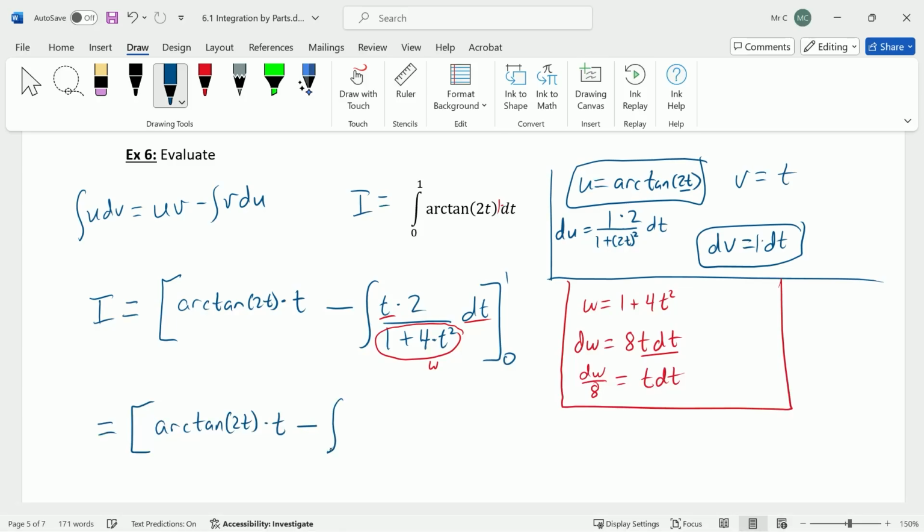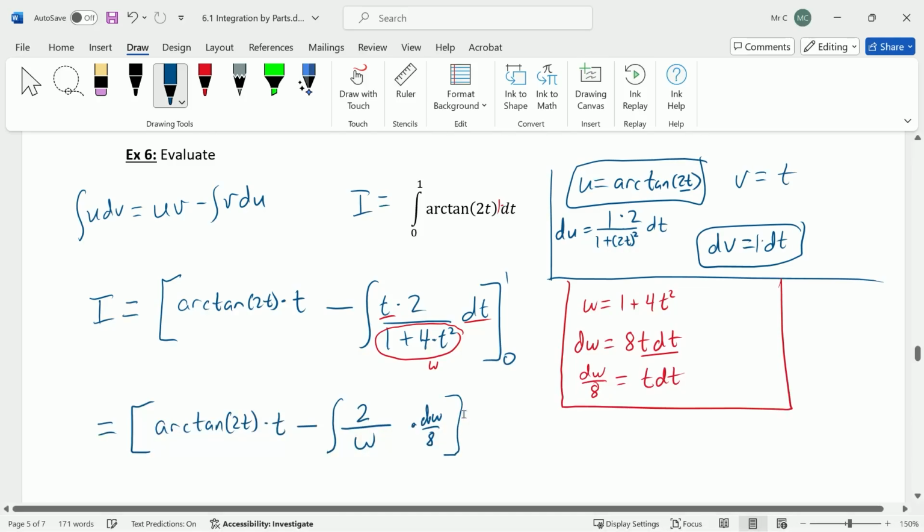So this becomes the antiderivative of, let's see, t dt was dw over 8. So I'll put the dw over 8 at the end. And then up top I've still got a 2, and in the bottom I've got w.